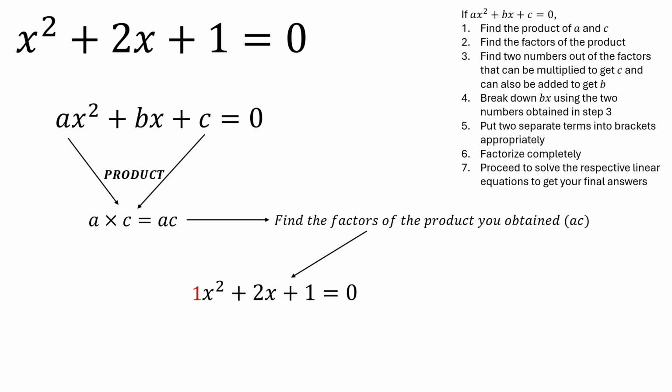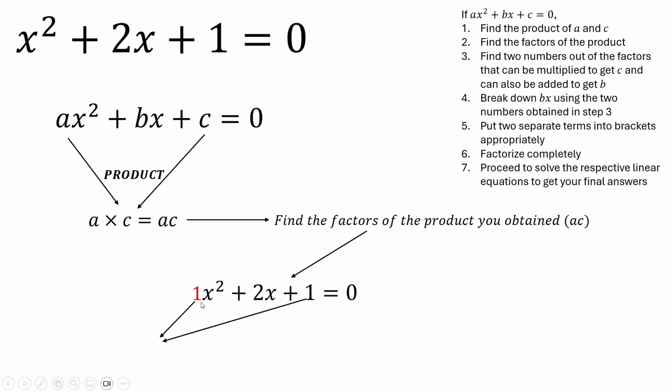If you have c, it is the same thing as 1c. If you have x cubed, it is the same thing as 1x cubed, just that we don't write the 1. So this is the same thing as 1x squared. So basically the coefficient of x squared here is just 1, just that we don't write the 1.